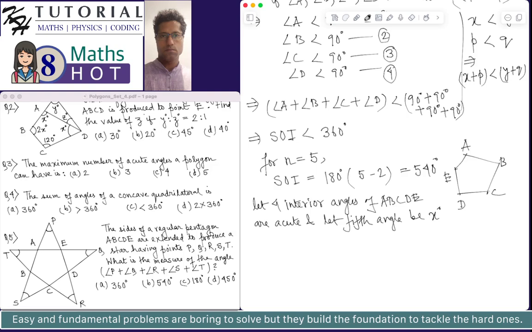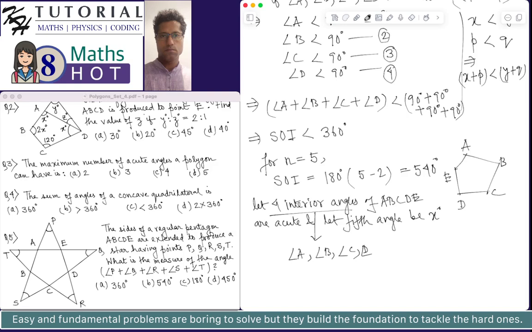So let these 4 interior angles be angle A, angle B, angle C, and angle D, which are acute. It could be any other angles; it will not matter in solving the problem.